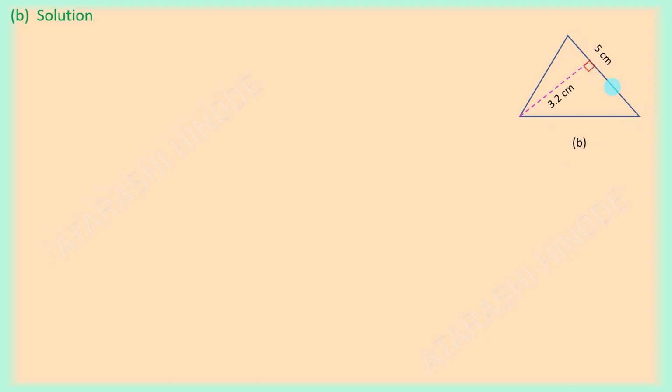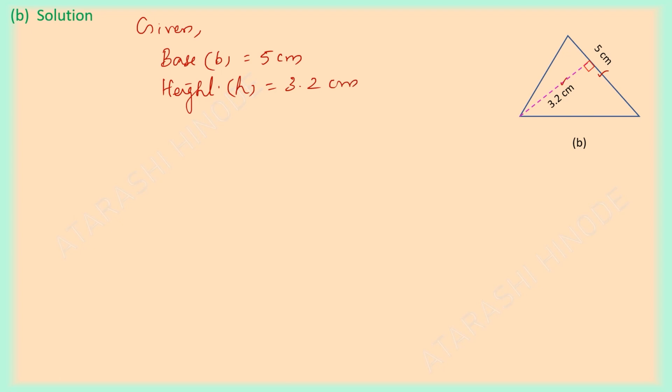Here this is the base. That is one of the sides of this triangle and this is the perpendicular to this side. Let us write base equal to 5 centimeter, height equal to 3.2 centimeter.